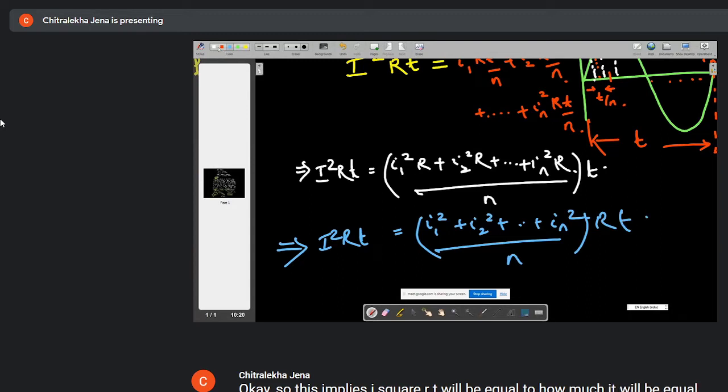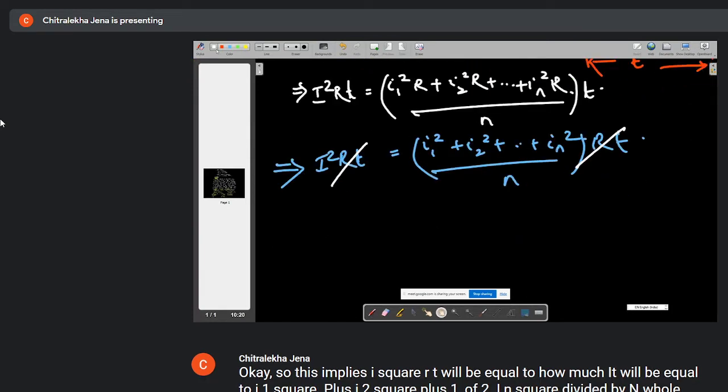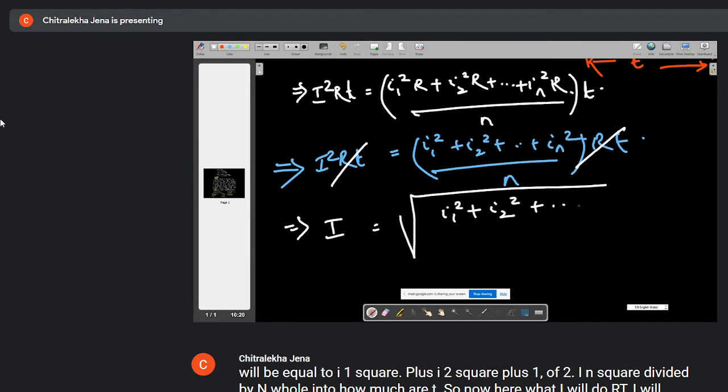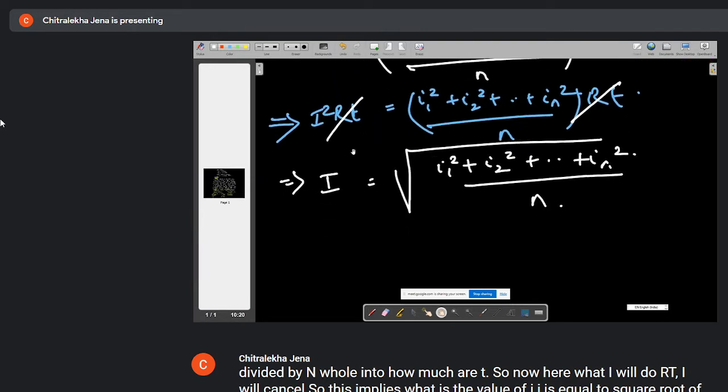Now here I will cancel RT. So this implies what is the value of I? I is equal to the square root of I1 square plus I2 square plus up to IN square divided by N.